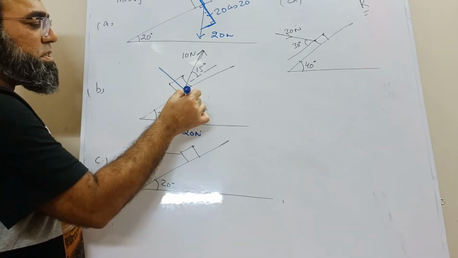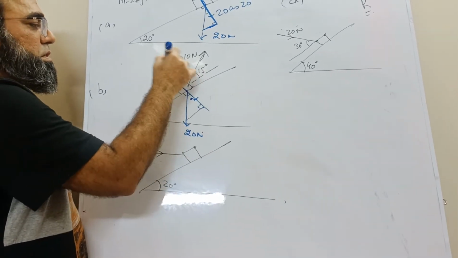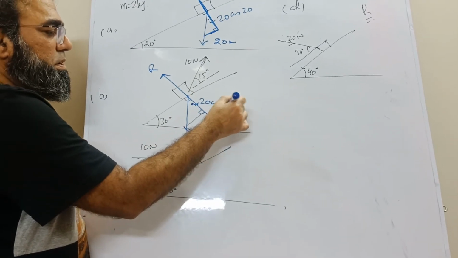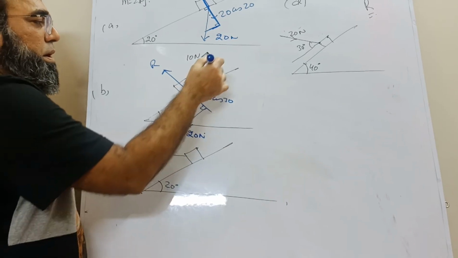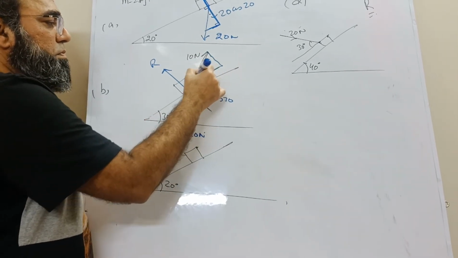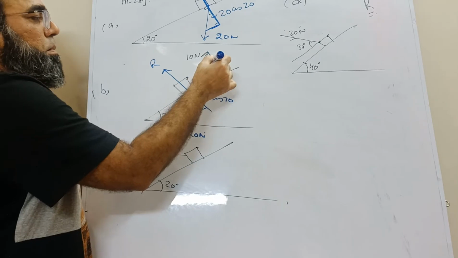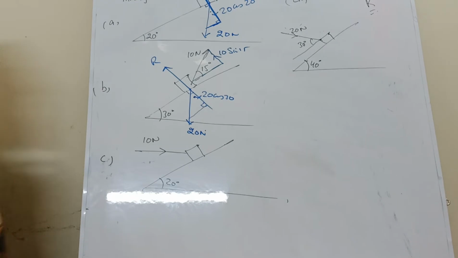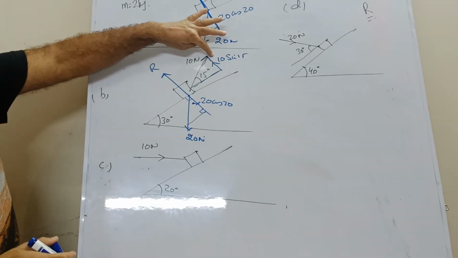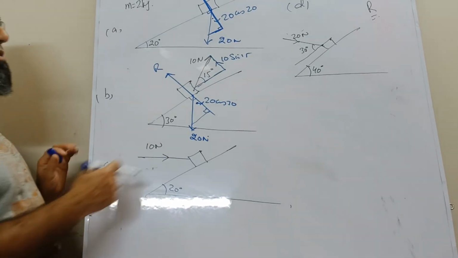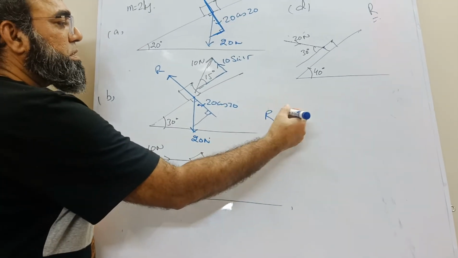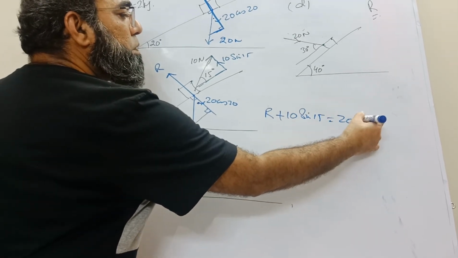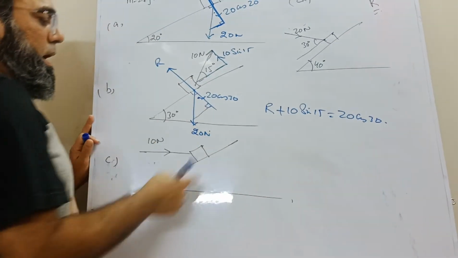So this angle is going to be 30, so this is R over here, this is going to be 20 cos 30, and I don't need to write this component for this R. Now this is going to be 10 sine 15, okay guys. So now R plus 10 sine 15 will be equal to 20 cos 30. That is how we will find R in this case.